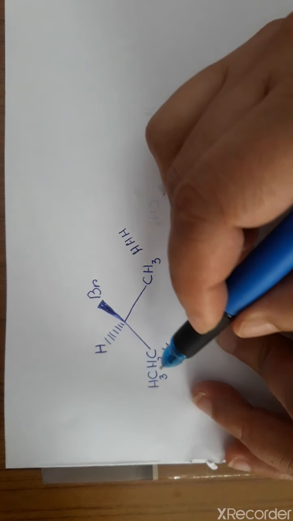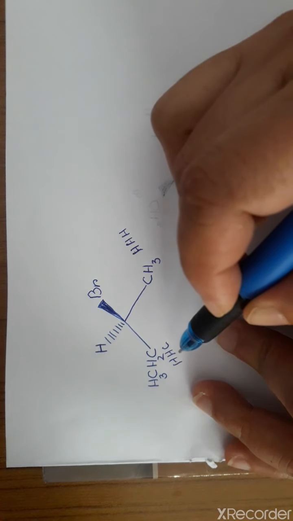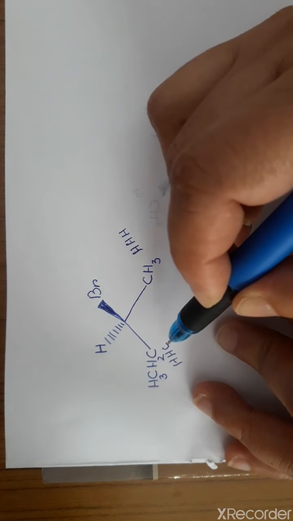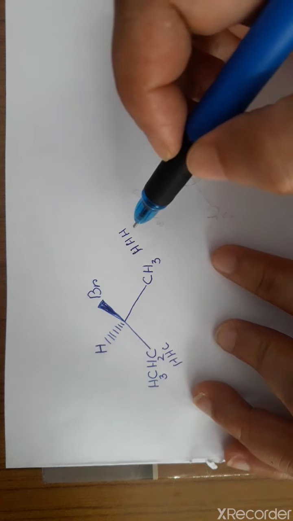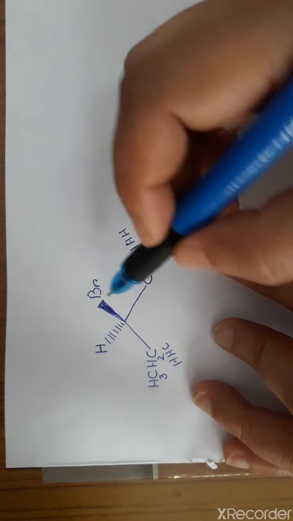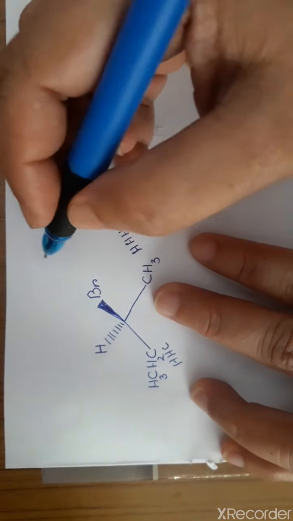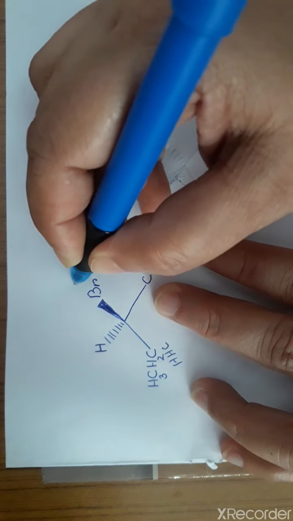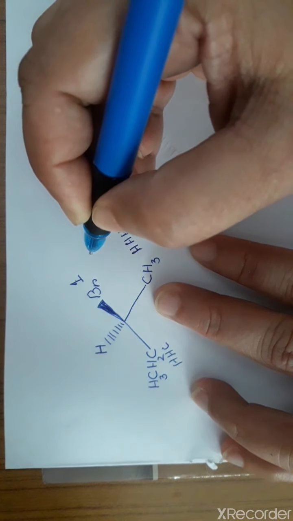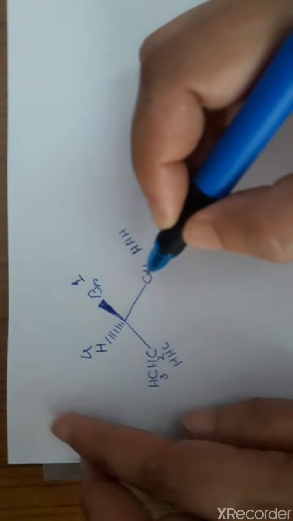Definitely this one will have higher priority, because here it is hydrogen, hydrogen, hydrogen, and here hydrogen, hydrogen, carbon. Carbon's atomic weight is more than hydrogen, right? Then among these 4 atoms or groups, bromine gets the first preference, since its atomic weight is highest. Hydrogen is the lowest atomic weight, therefore it gets the 4th preference.